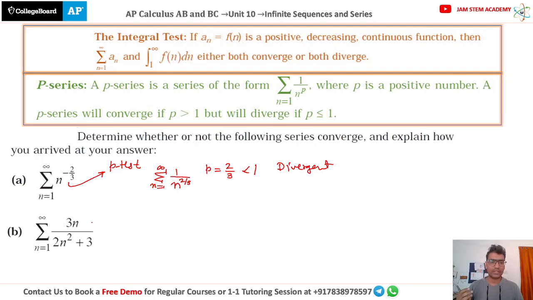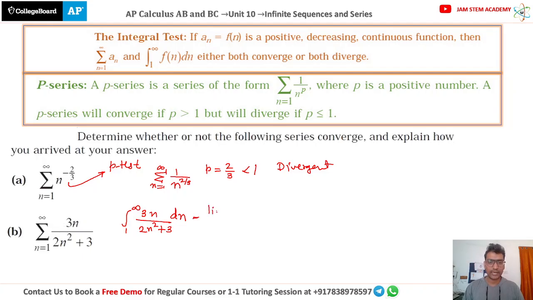It's now your choice whether you want to use the integral test or the nth term divergence test. Okay, so here I will use the integral test. So for that, integration from 1 to infinity of 3n over 2n squared plus 3 dn. Now, this and the original series will behave the same, right?